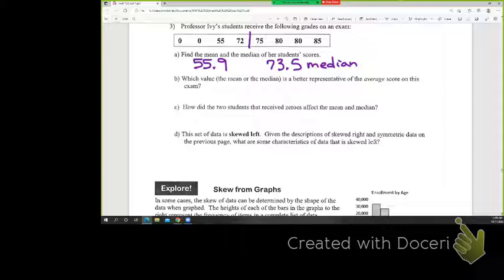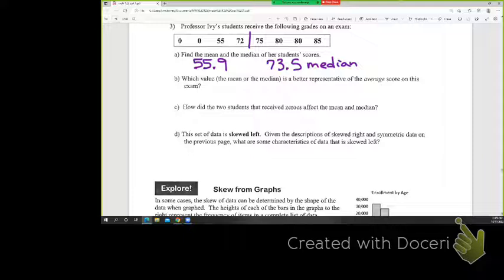Now, those 2 zeros, it still sucks, but the zeros don't affect the median so much. Those 2 zeros could have been in the 50s, and the median would have still been the same. The middle score is still the same. So in this case, as a teacher, the median would tell me a little bit better how my class did, because when I look at it, really I only had one person who took it who didn't do well.